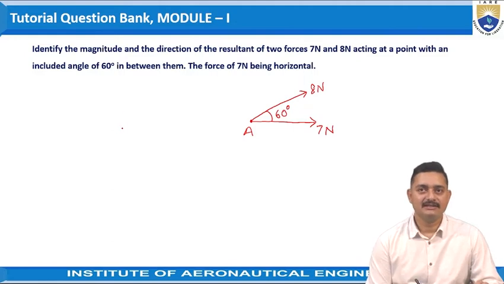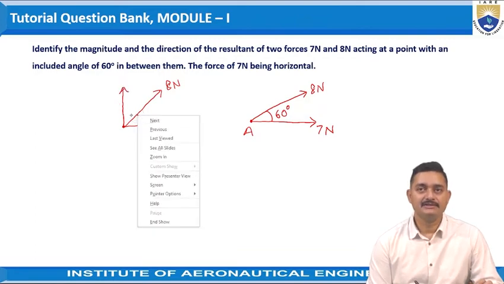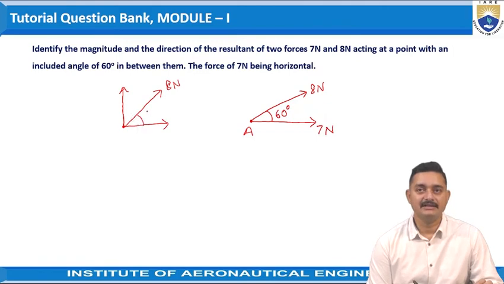So if we consider that 8 Newton force, which is acting in this direction, we need to resolve it into horizontal and vertical mutually perpendicular component forces. The horizontal component force would be like this and the vertical component force would be like this. And the angle at which this 8 Newton force is acting is 60 degrees to the horizontal.